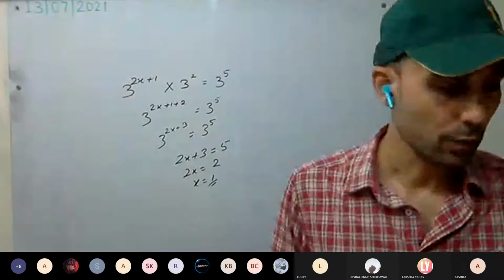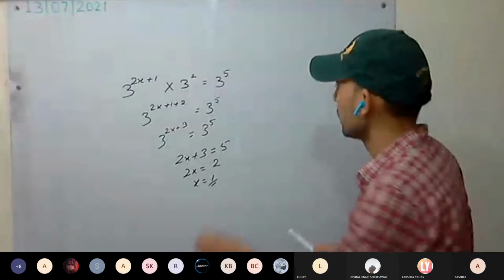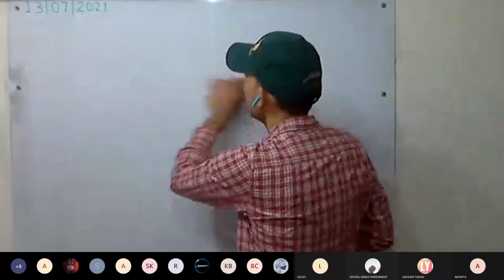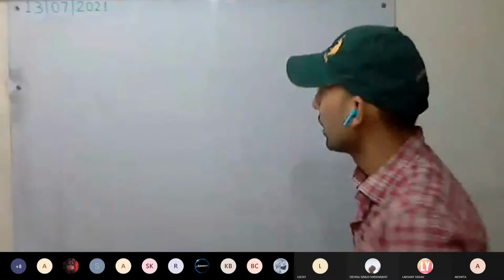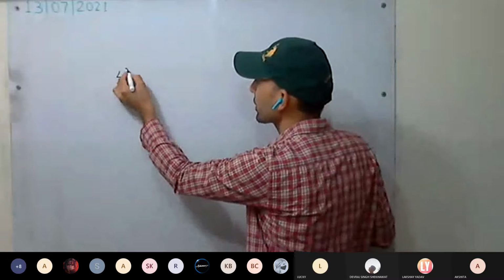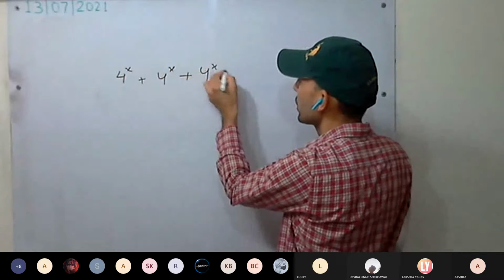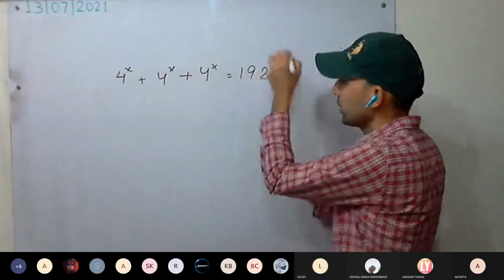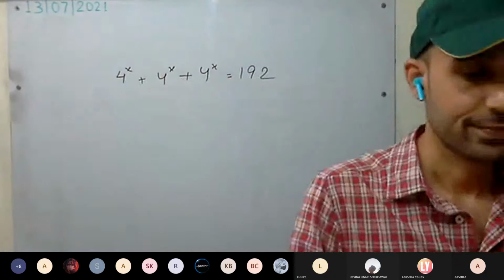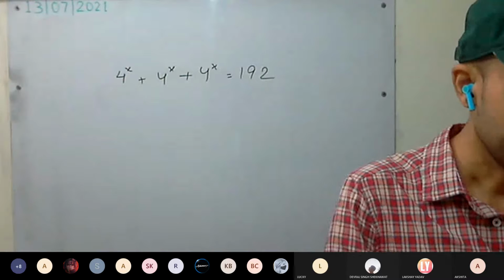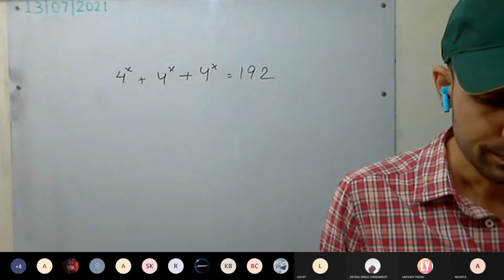Okay, do this question. 4 raised to power x plus 4 raised to power x plus 4 raised to power x equal to 192. Try to solve this one.